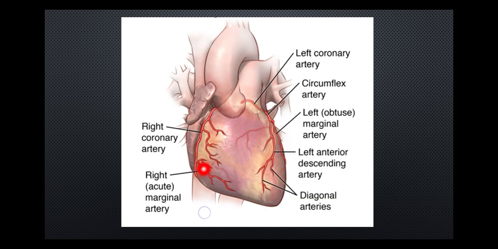Again, the right coronary, the right marginal, and passes backwards and the posterior descending. On the left is the anterior descending, which gives off the diagonal branches, and then the left circumflex that passes to the posterior aspect of the heart.